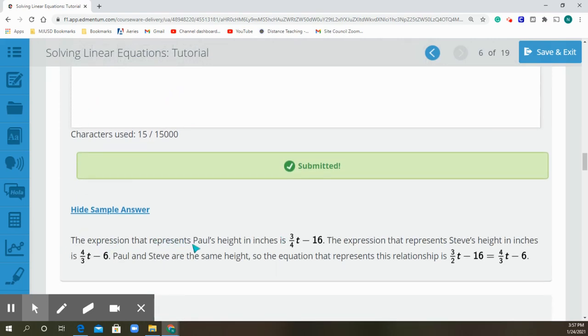So the expression that represents Paul's height in inches is 3/4 t minus 16. So the expression that represents Steve's height is 4/3 t minus 6. Paul and Steve are the same height, so the equation that represents this relationship is... why did they go from 3/4 to 3/2?